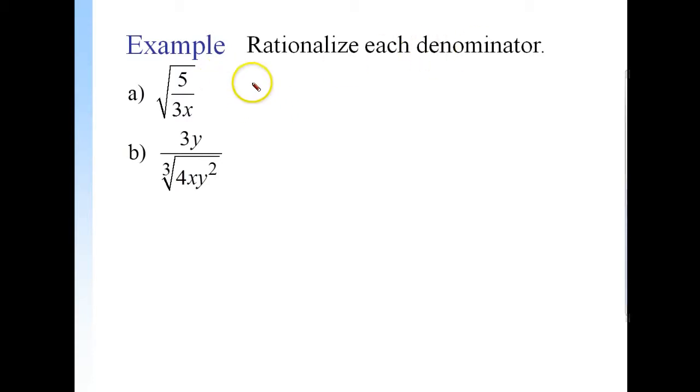So we still want to rationalize denominators, so this is the square root of 5, and this will be the square root of 3x. And what will I multiply it by? Well, this will be the square root of 3x, square root of 3x.